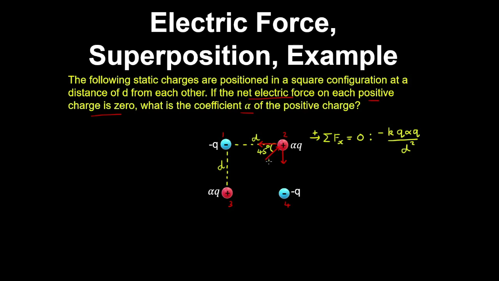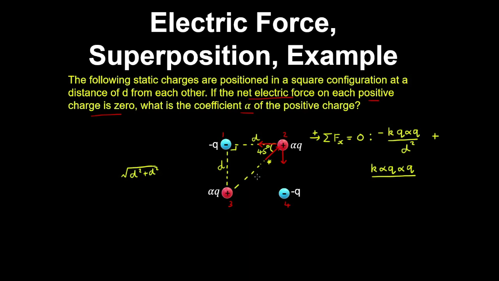And if we resolve the force of charge 3 on 2 in the horizontal direction, the horizontal component acts to the right. So that would be plus Coulomb's constant by the product of the two charges over the square distance between them. So this length here of the right angle triangle is the square root of d squared plus d squared by Pythagoras' theorem.